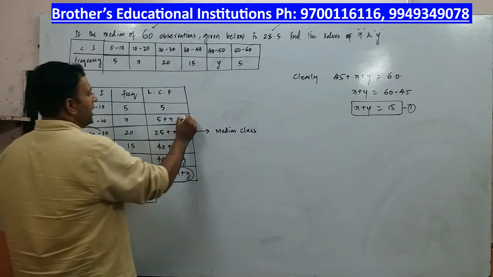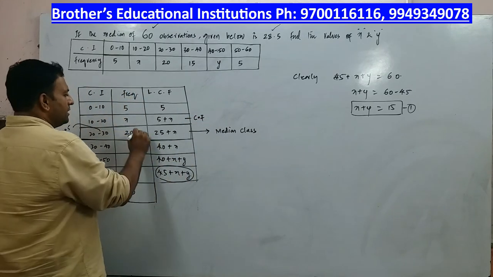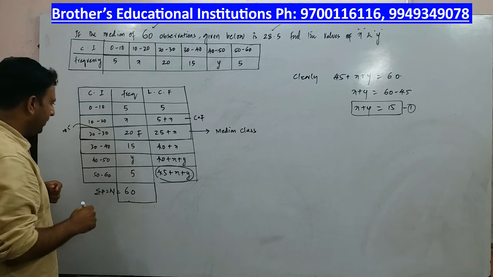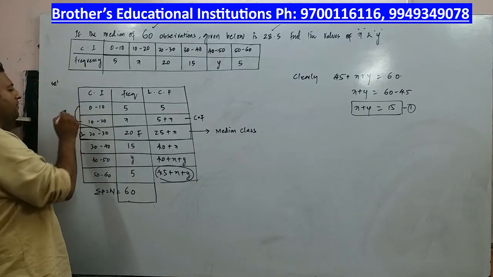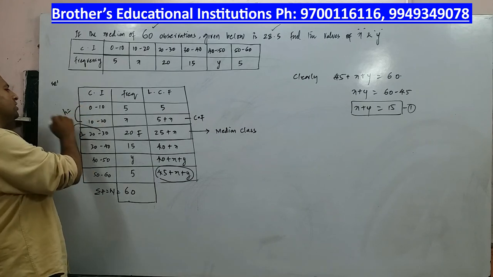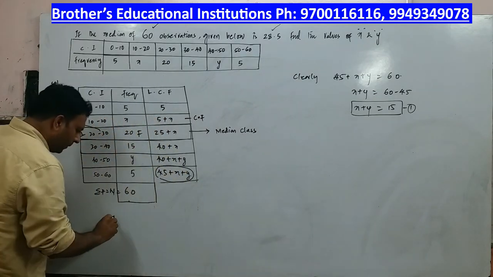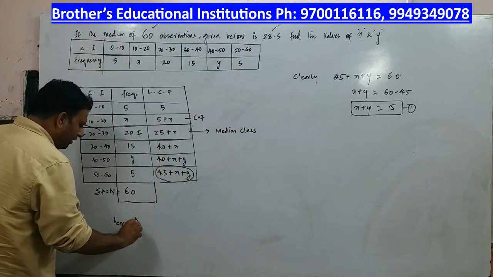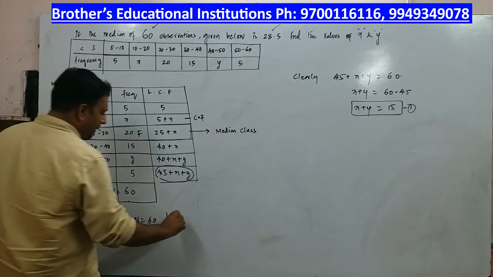Once you plot the median class, the cumulative frequency is the one just above the median class. This is the frequency of the median class, and this is the lower boundary. The difference between two consecutive lower limits or two consecutive upper limits is your h, which is equal to 10. So now I will write here, what is total frequency? N is equal to 60. L is equal to how much? 20.